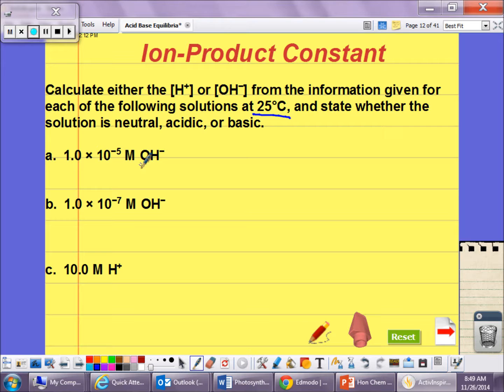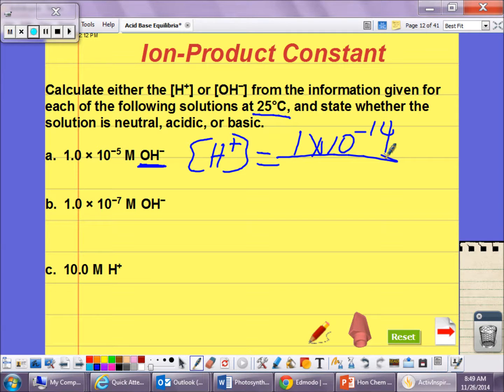Alright, if they give me OH minus, I can find H plus. Concentration of H plus equals 1 times 10 to the negative 14 divided by my OH minus, which is 1.0 times 10 to the negative 5.